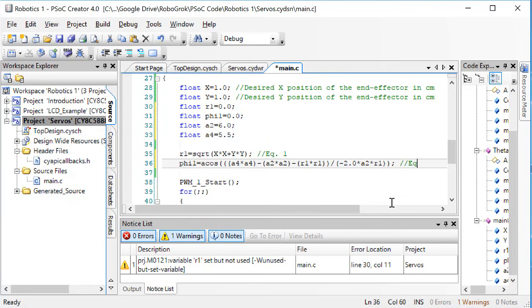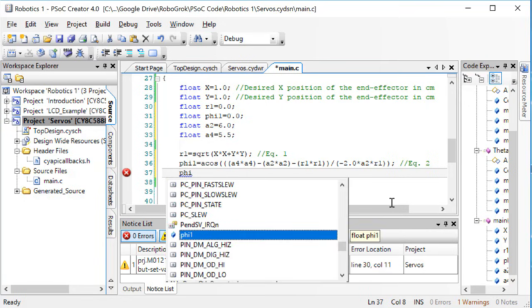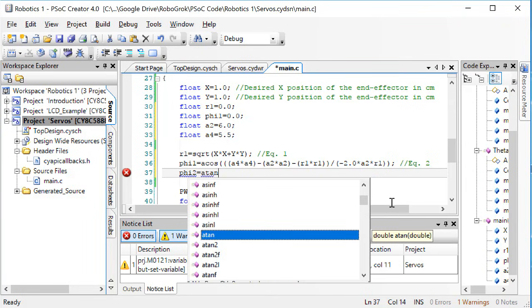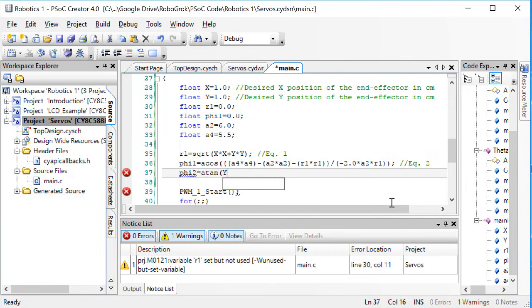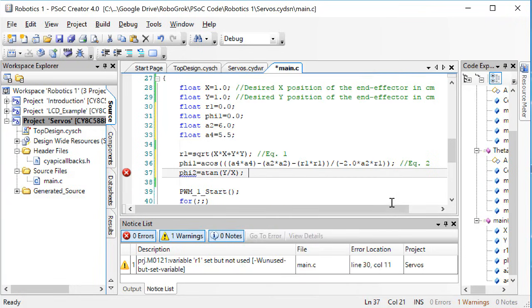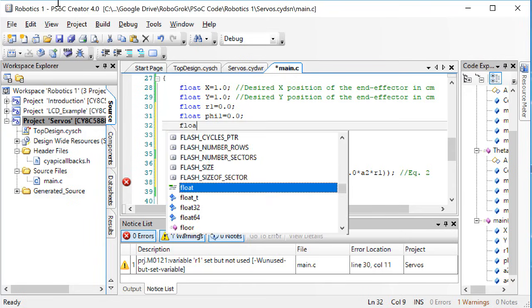Okay, looks like we're done with equation 2. Let's move on to equation 3. Equation 3 calculates phi2 using the arctangent. So we need to go back up and declare phi2.